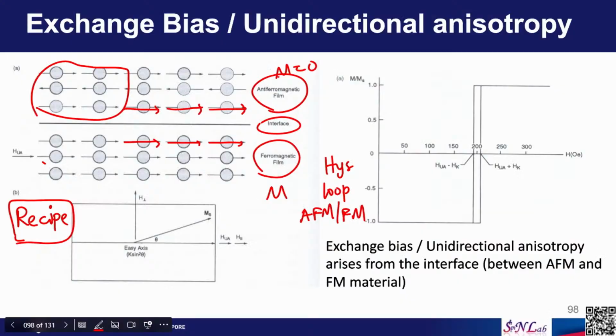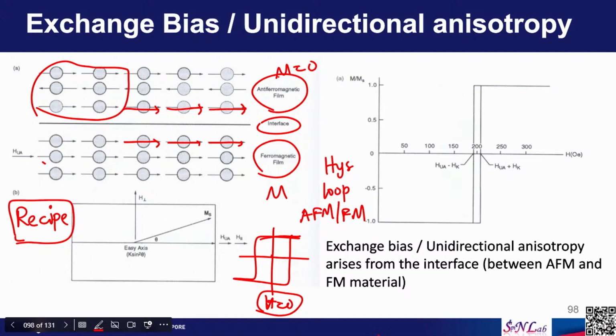So whenever I was drawing a hysteresis loop, that is symmetric with respect to the magnetic field. Okay. So in all my discussions so far I showed you a hysteresis loop which was symmetric with respect to the 0 axis of magnetic field, but here you see that the hysteresis loop is shifted.